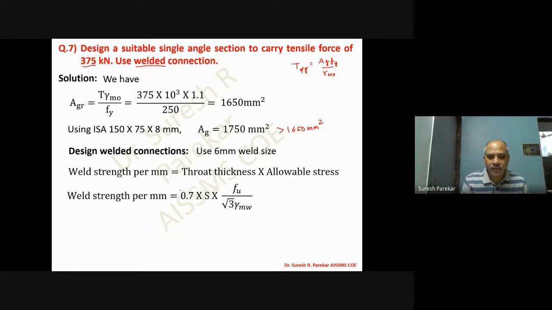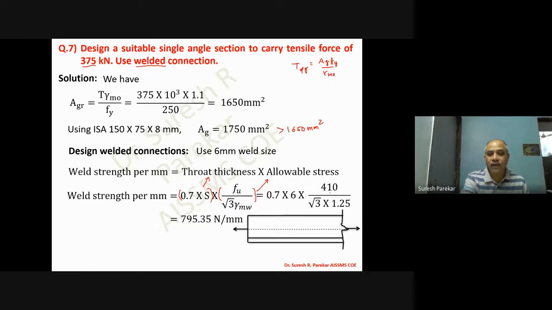If we substitute these values, we get 410 upon root 3 into 1.5. You can take this as 400 or 410, and it gives me weld strength as 795.35 Newton per mm square.